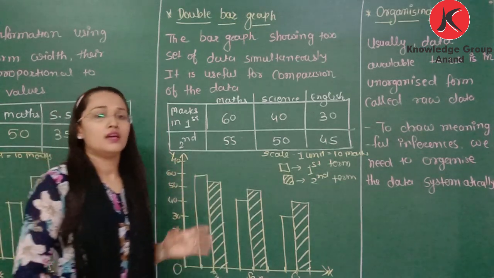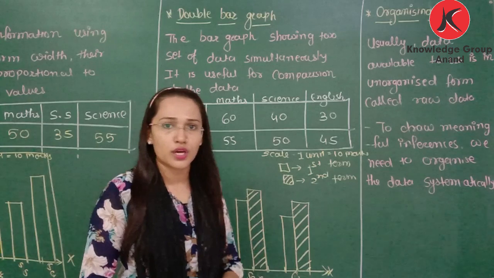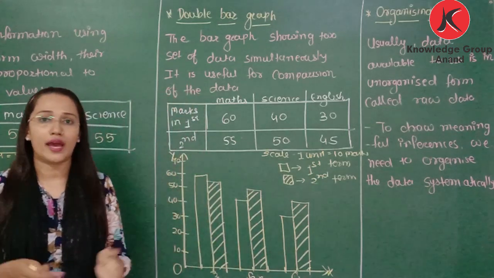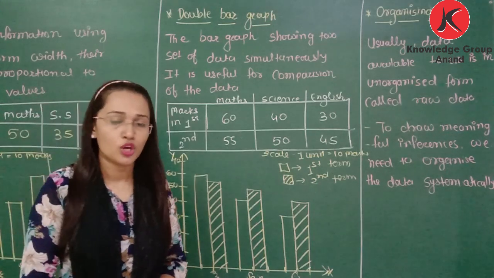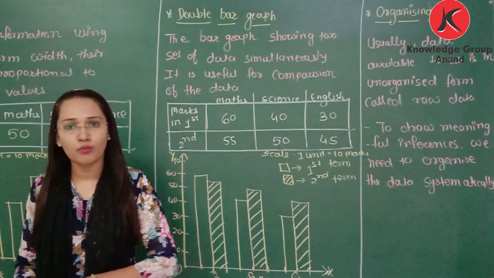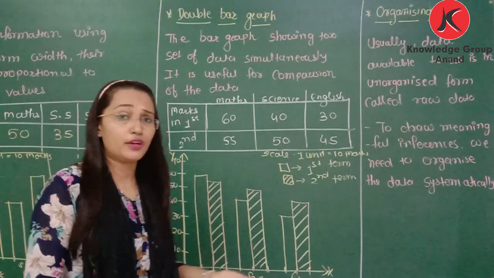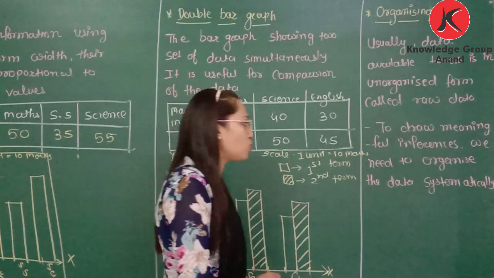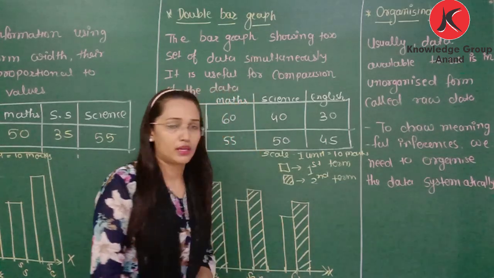But if I say that these are the marks of students in maths, then you gather the information and you can arrange it in a table form. So to draw a meaningful inference, we need to organize the data systematically.